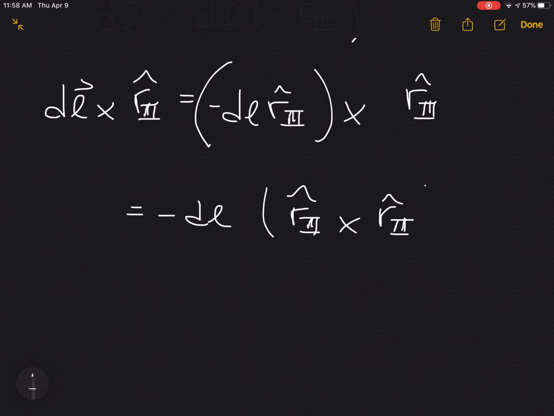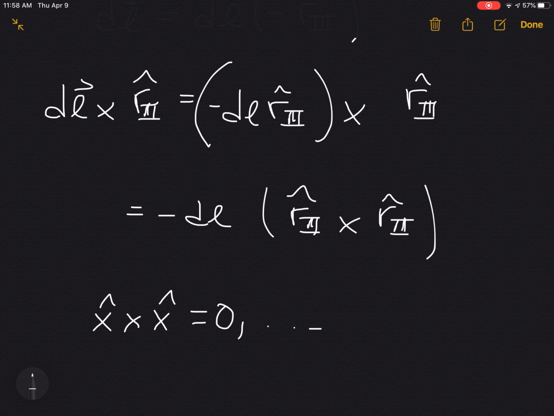I know that we use this property for, say, x hat cross x hat is equal to 0, but this is just true for any vector. If you cross product a vector with another vector that's parallel to it, it is 0. Although this is also true for x hat and x hat, or y hat and y hat.